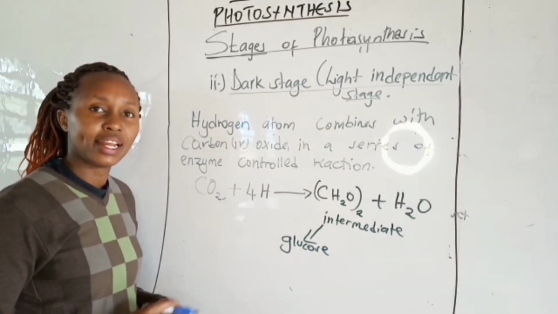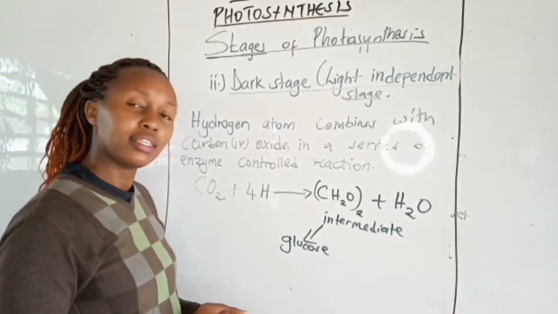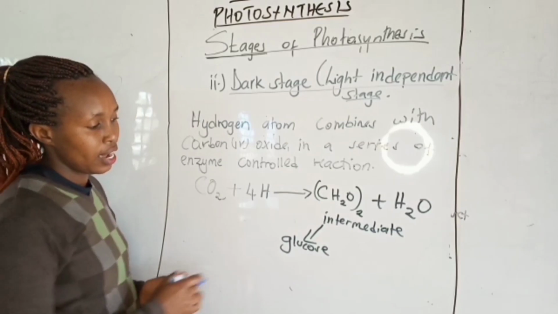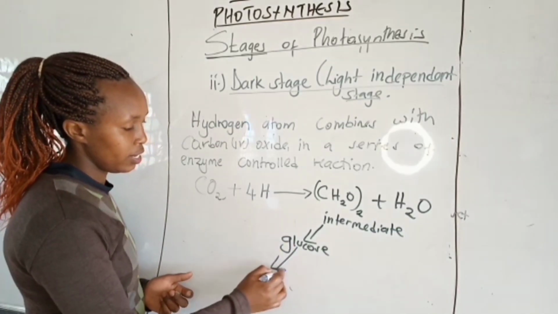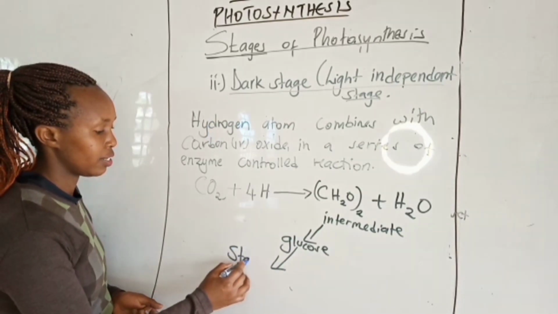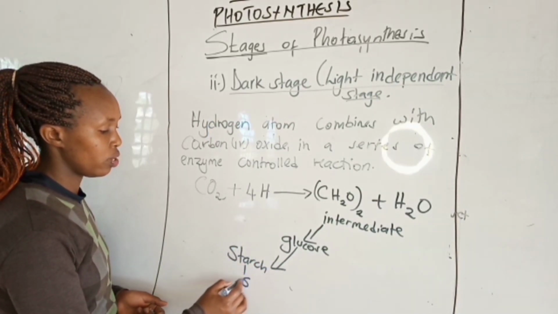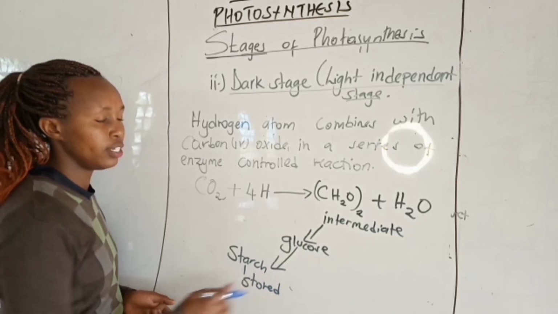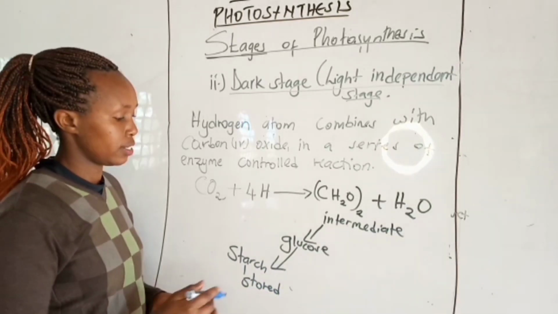Glucose can be directly used by the plant cells in the process of respiration, and it can be further converted into starch, and starch is going to be stored in the plant cells.